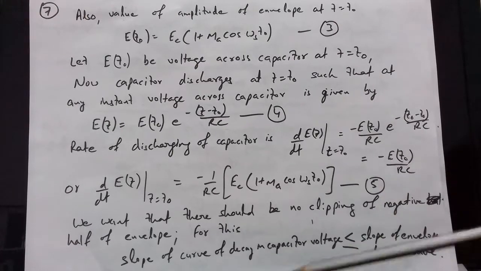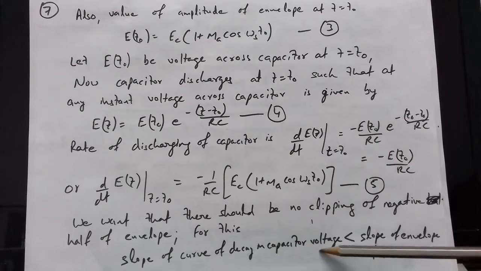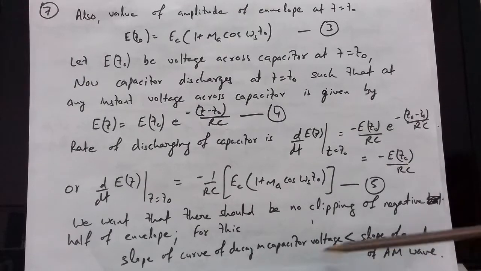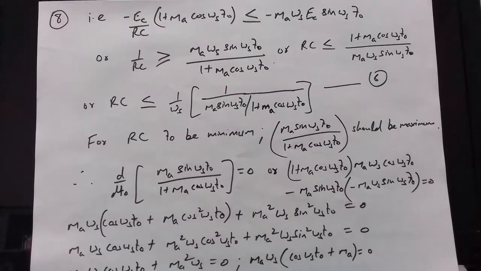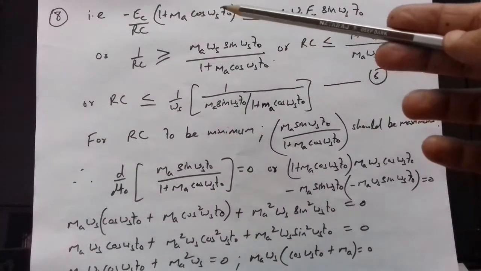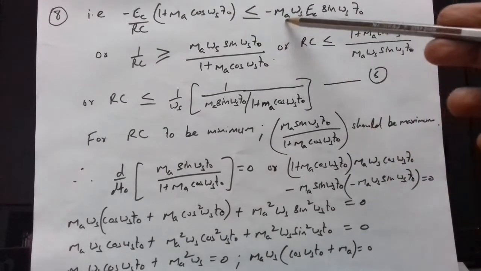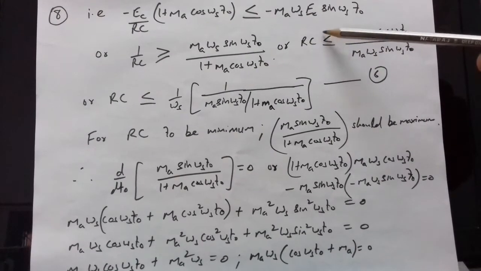Now what is our requirement? The slope of the capacitor discharge voltage should be less than or equal to the slope of the AM wave voltage. We will put both the expressions in this inequality. You can see both the expressions. You just have to solve. This is a simple inequality, you can easily solve.